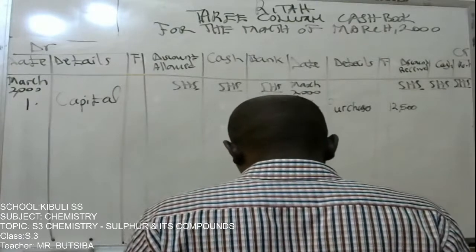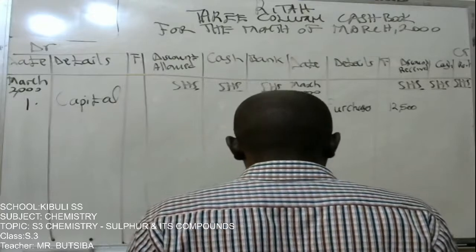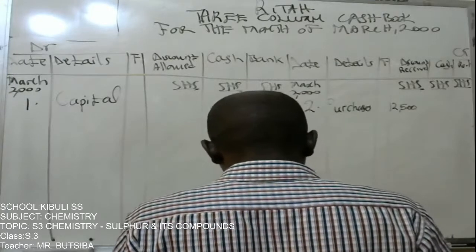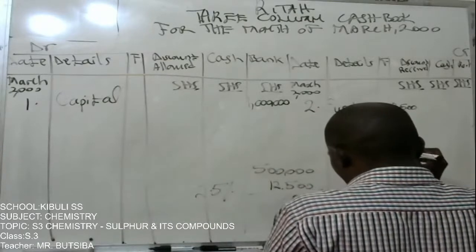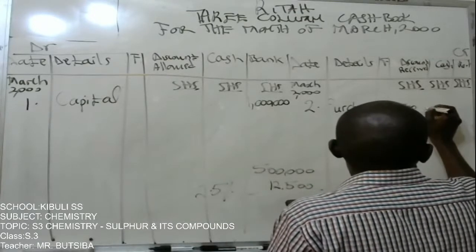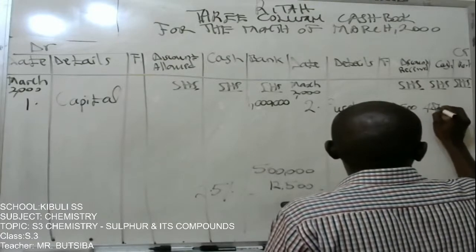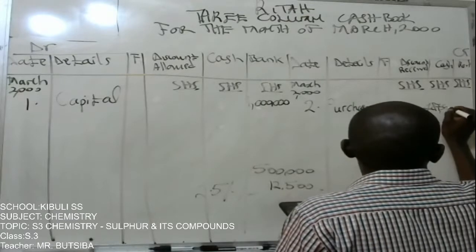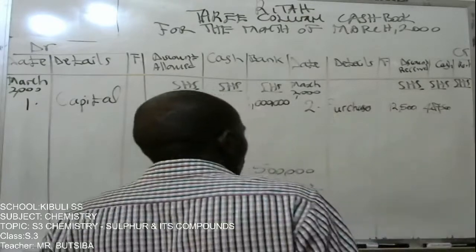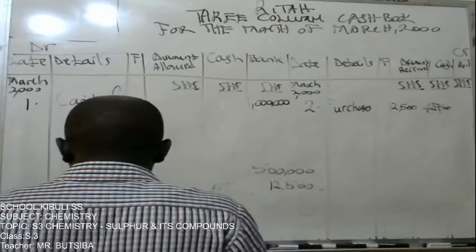You get 500,000 minus 12,500, so you remain with a balance of 487,500. That's the actual amount you paid, having received a discount.